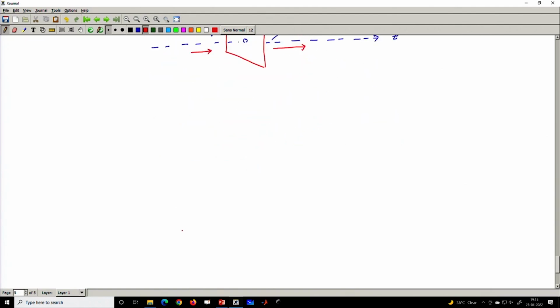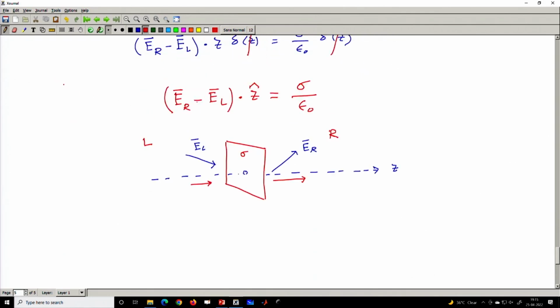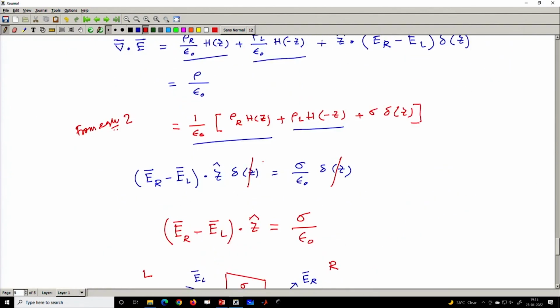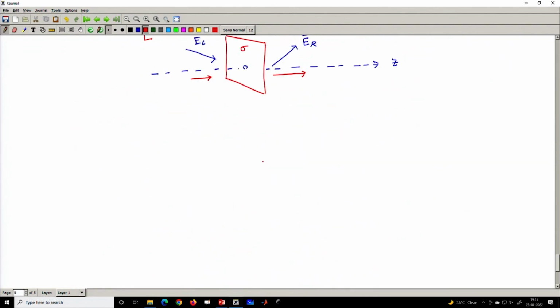In a similar way, we can find another condition, because I have another equation. So far I exploited the divergence, but another equation is still in my hand, and that is the curl of E. So now we have the curl of E, this is also a fundamental equation, equal to 0, right.